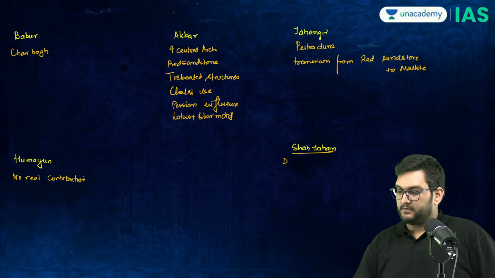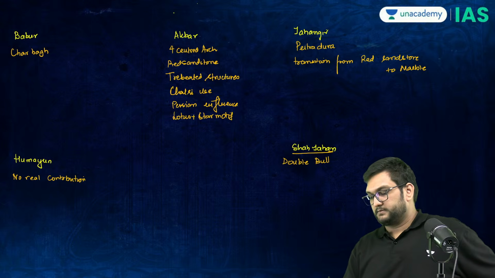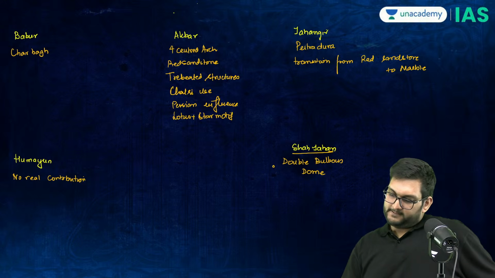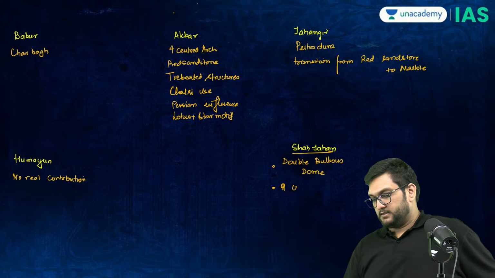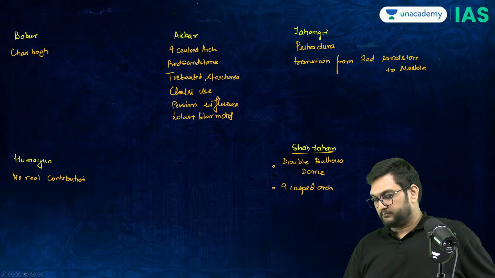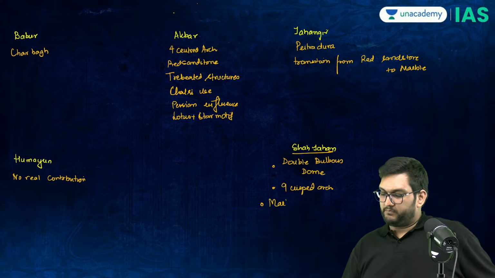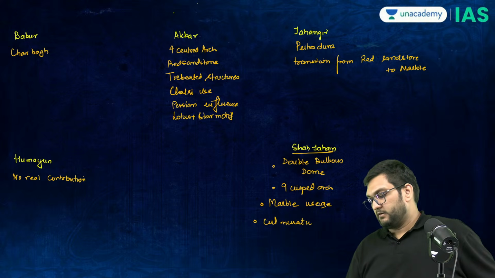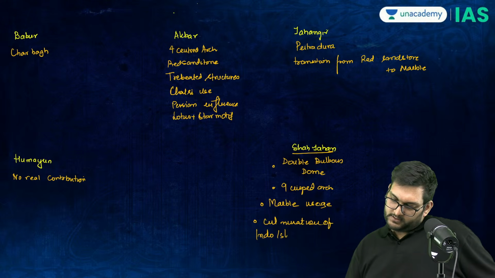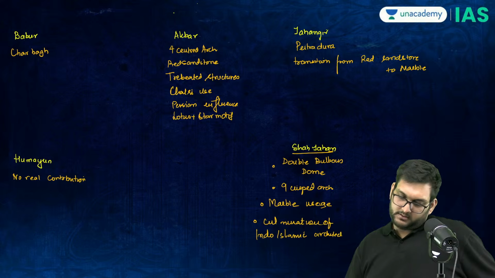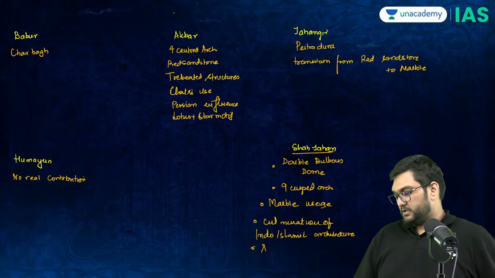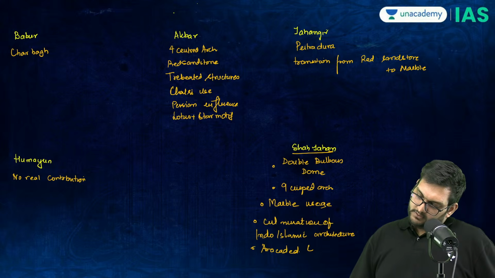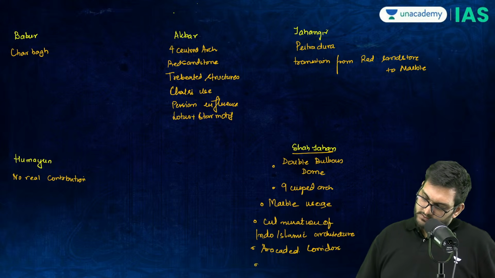Shah Jahan: double bulbous dome, nine cusp arch, the extensive use of marble, culmination of Indo-Islamic architecture, and arcaded corridors along with octagonal pavilions.